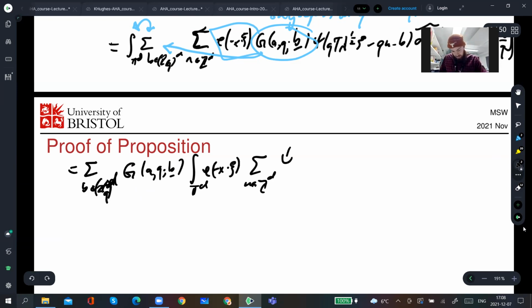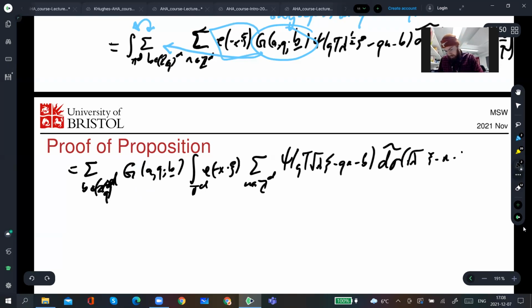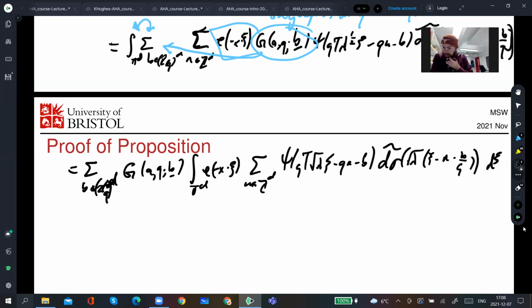And the rest again, psi. All integrated with respect to dc.